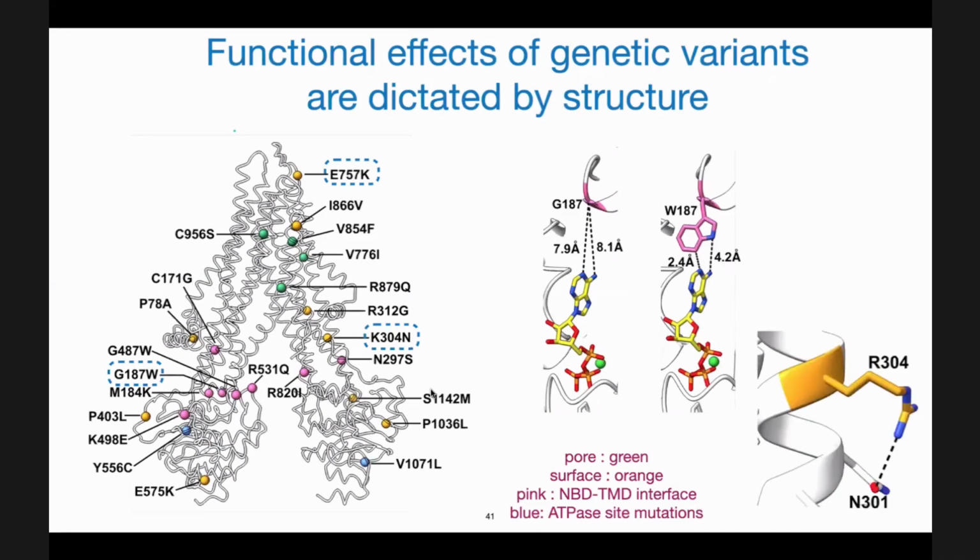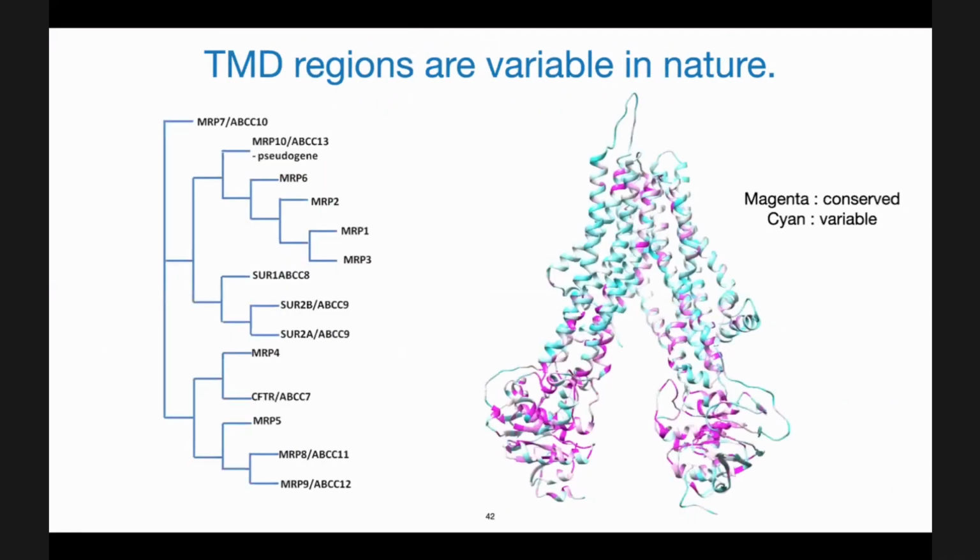Similarly, K309, which is R304 in the bovine, forms an H bond with N301. And if this is mutated to asparagine, it can lead to the loss of hydrogen bond and so can cause a problem in the function of the protein.